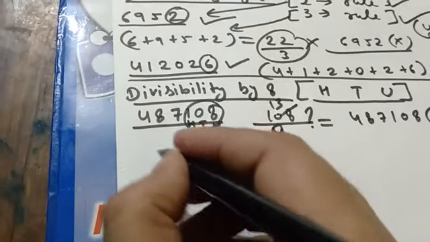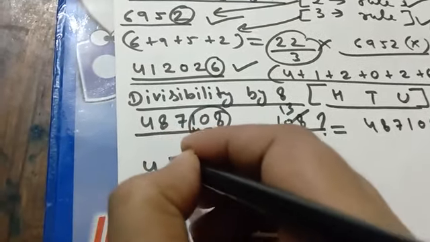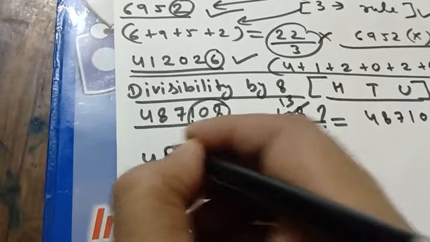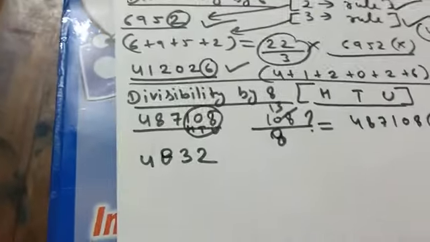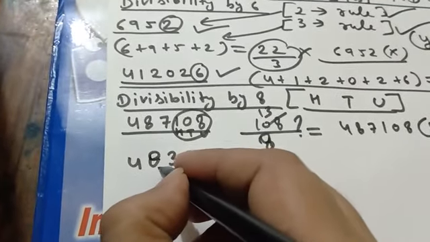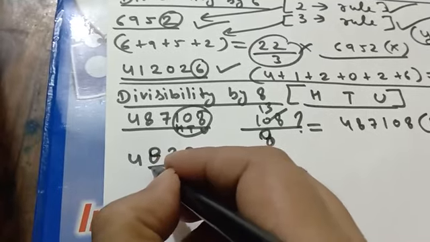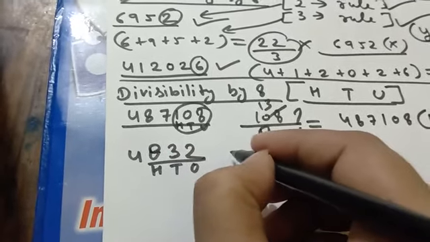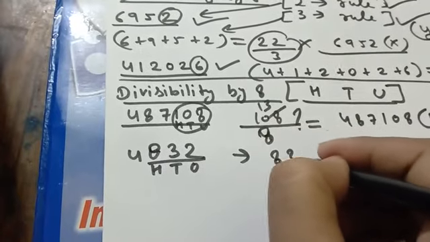I will take another number. I have taken another number, and we have to observe 3 digits, hundreds place, tens place and ones place, and the number formed is 832.